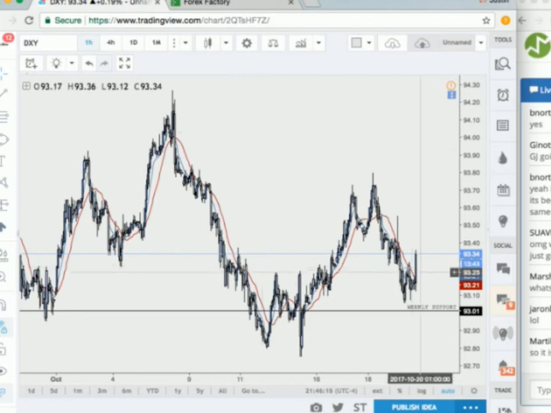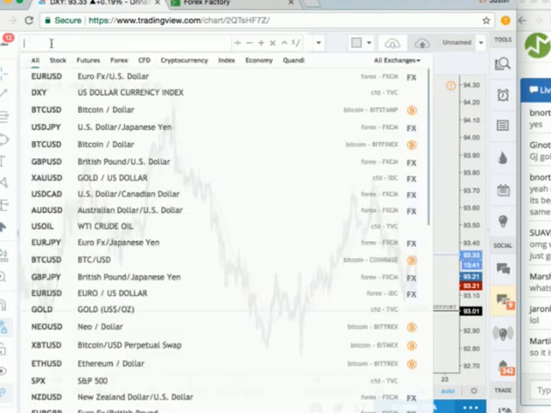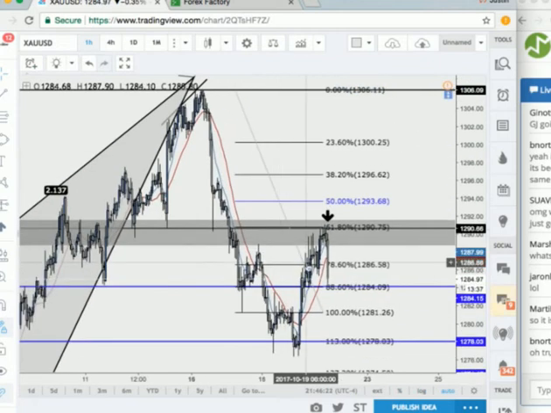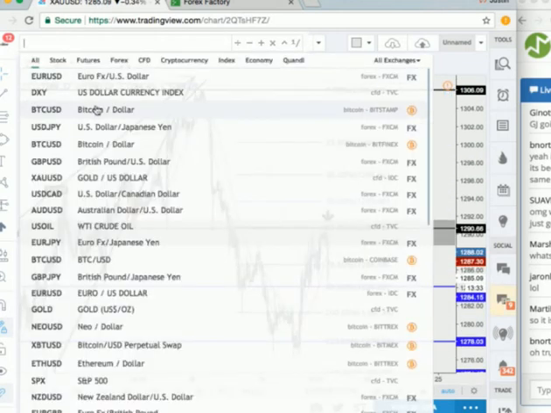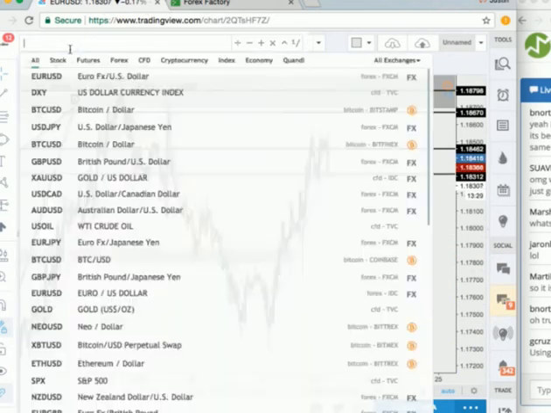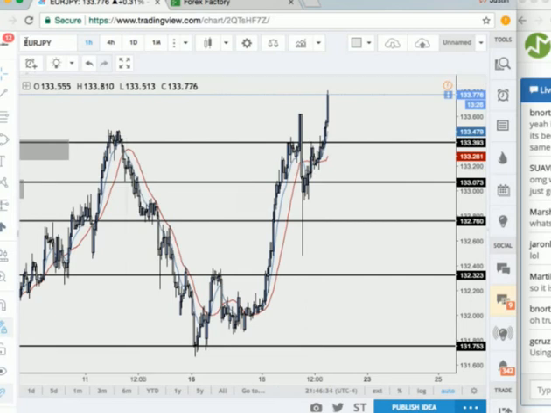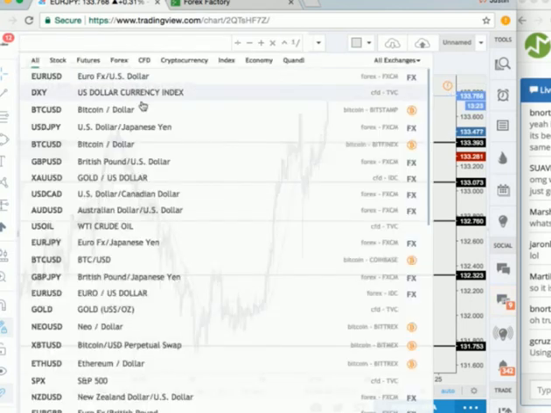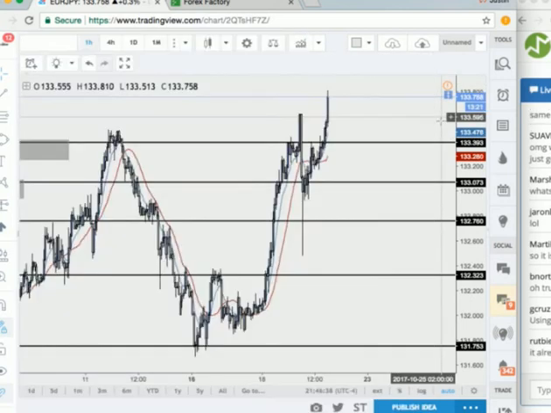So you can see DXY, strong candle here. Everything USD related is just going to, gold is going to continue to tank. Look at that, bam. Continue to tank, shift down. EU going to continue down. Bam, shift down. Here JPY shot up. Look at that, so funny.